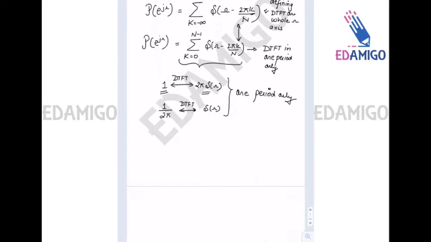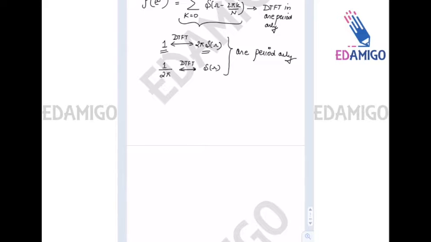Now, delta sigma minus 2 pi k by N. We know the frequency shifting property, that is, the effect goes with the opposite sign: 1 upon 2 pi e to the power plus j 2 pi k by N, right.